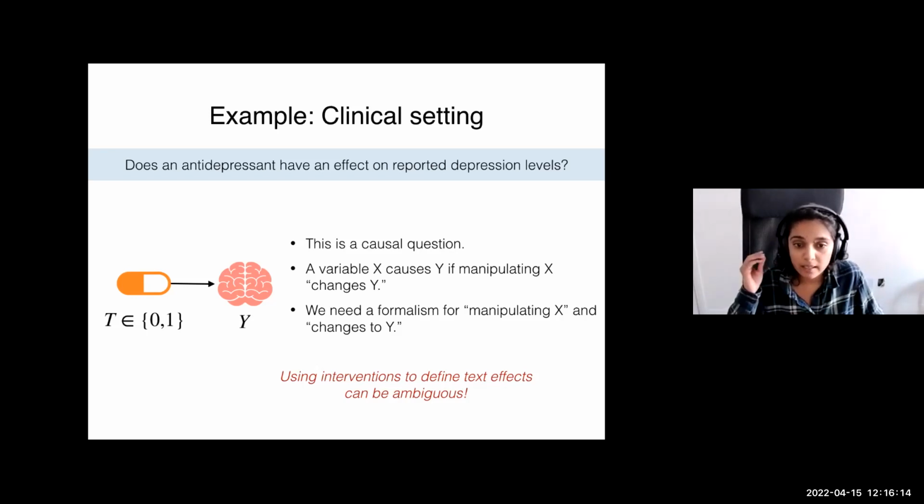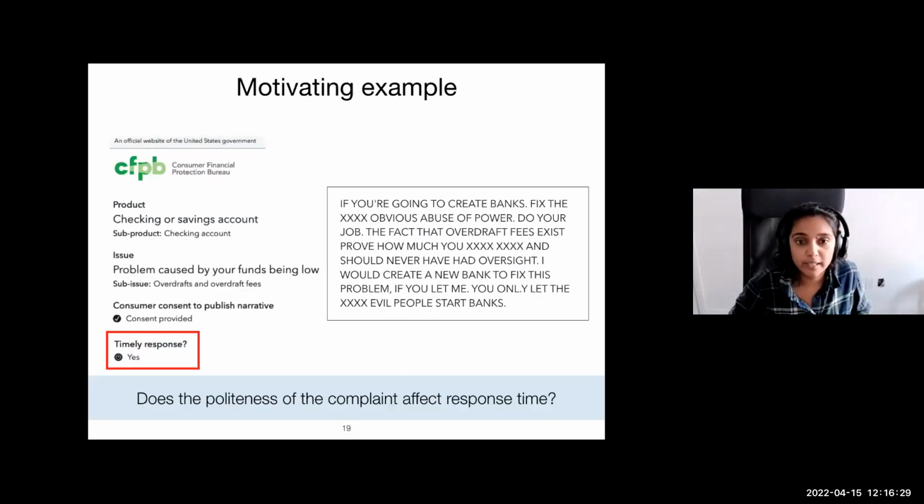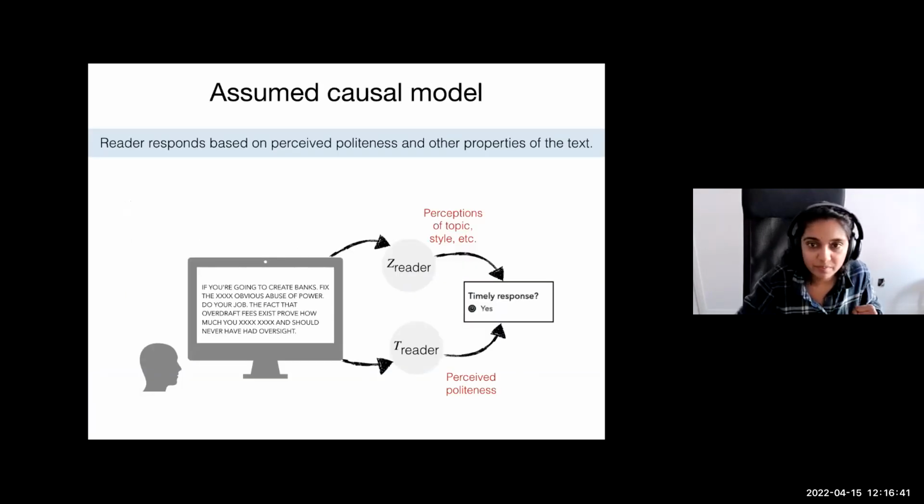And the problem is that now when we translate this mathematical formalism to text, it's not totally obvious what it means to intervene on some property of text. Okay, so that's the first thing that we're going to investigate. We want to formalize this question: does politeness affect response time? And we don't really know what it means to intervene on a document and change its politeness.